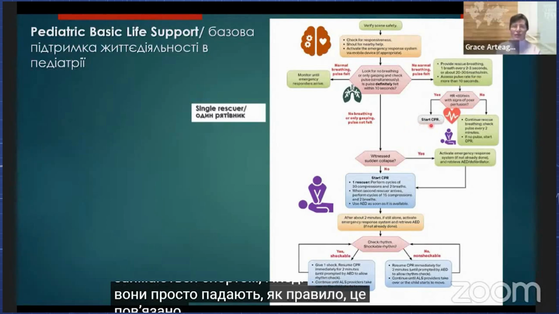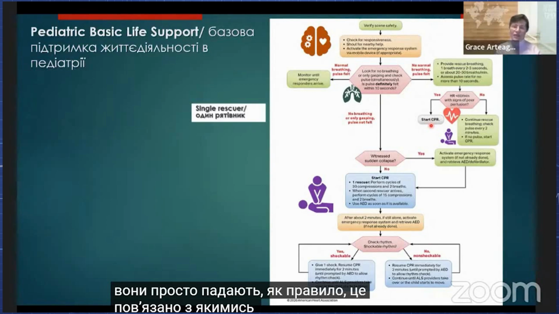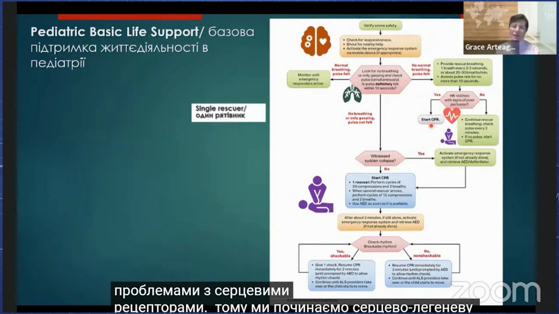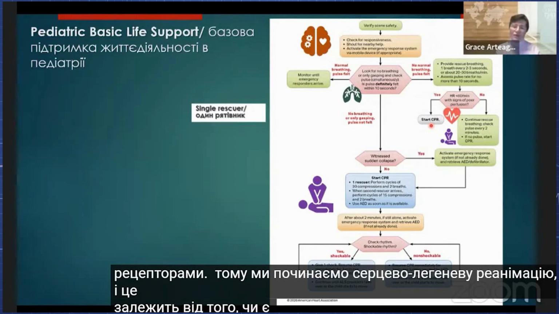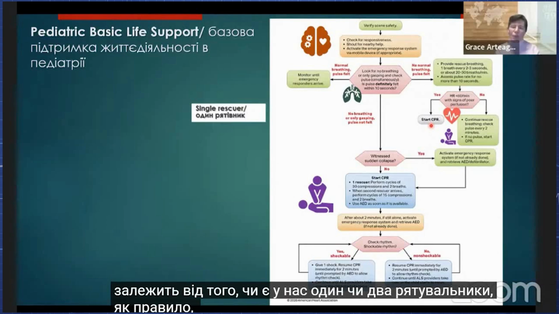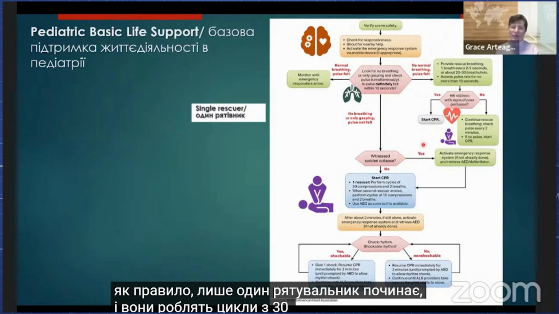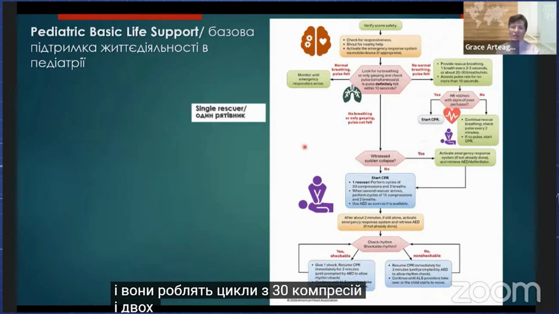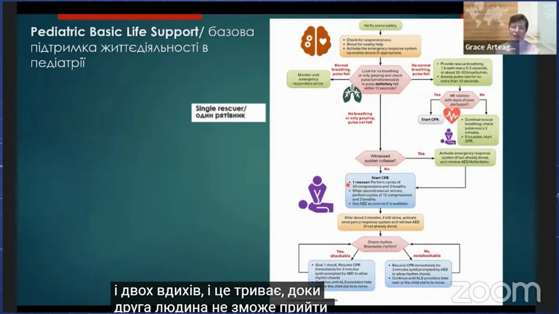Usually it's associated with some kind of genetic problem with the cardiac receptors. So we start CPR, and that depends on whether we have 1 or 2 rescuers. Usually it's just 1 rescuer who starts, and they do cycles of 30 compressions and 2 breaths. And that continues until a second person can come and help out.